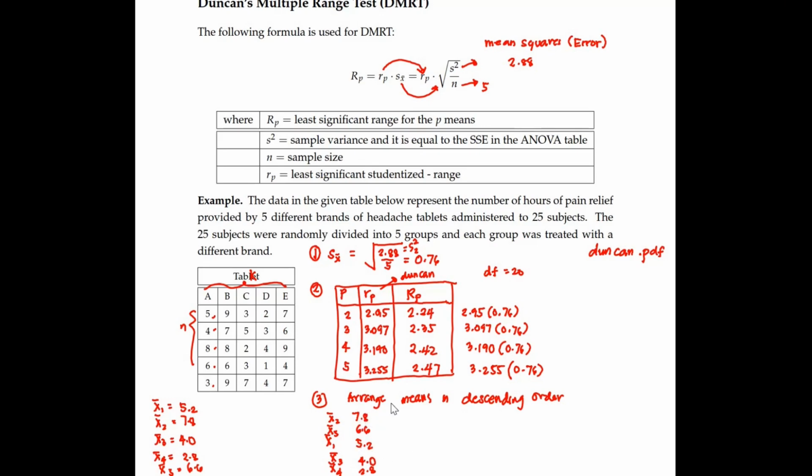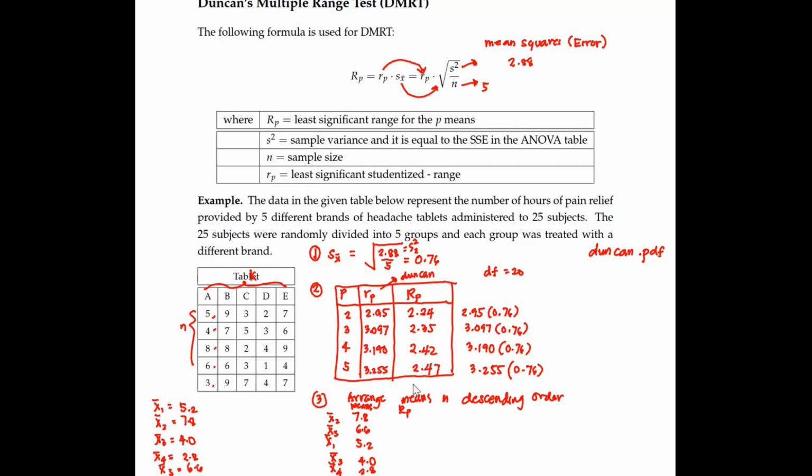Okay, so after arranging all the means in descending order, step number 4 is to arrange also the r sub p next to its mean in descending order. So, ang pinakataas dire na r sub p, so if these are the means, and then r sub p in descending order po.